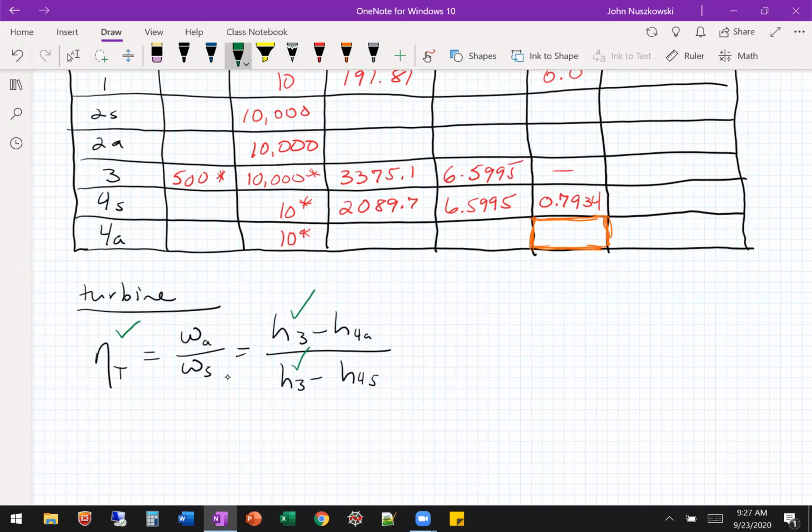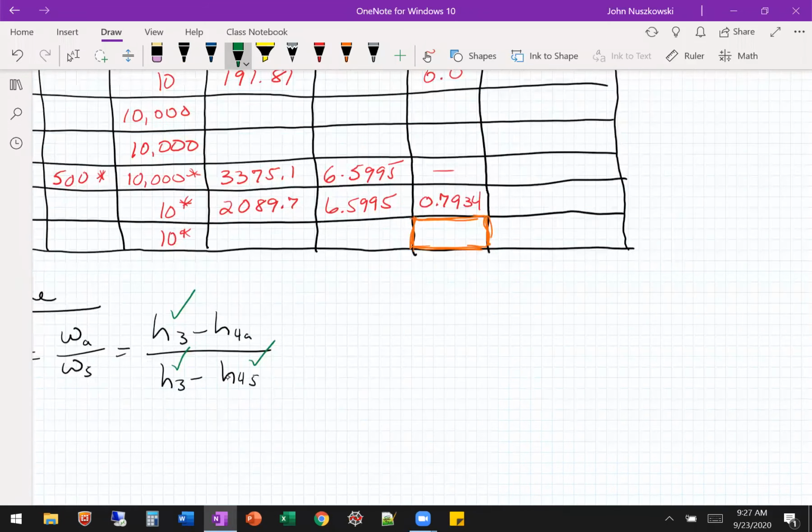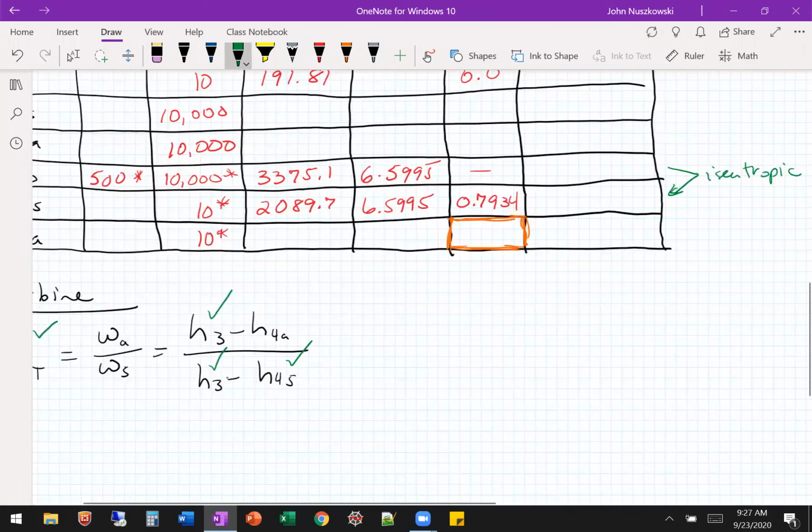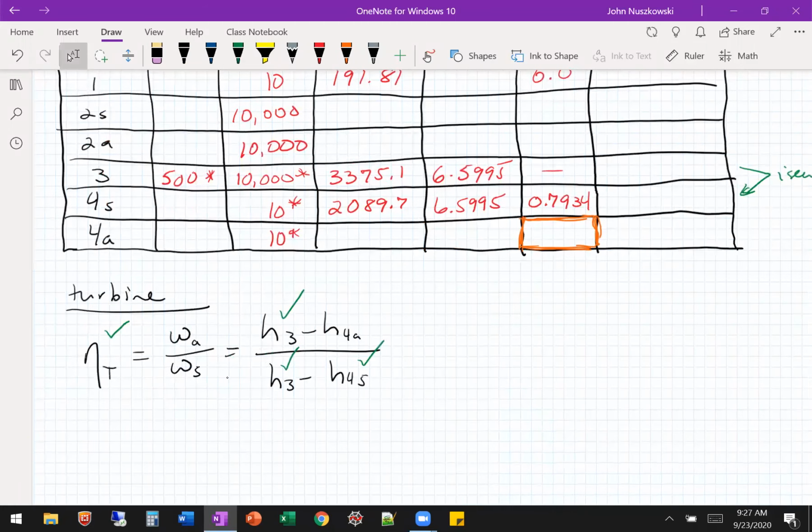And then we ended up getting our h4s because this was isentropic. All right, so then that means the only unknown is h4 actual. Okay, so we can utilize this equation to get h4 actual.